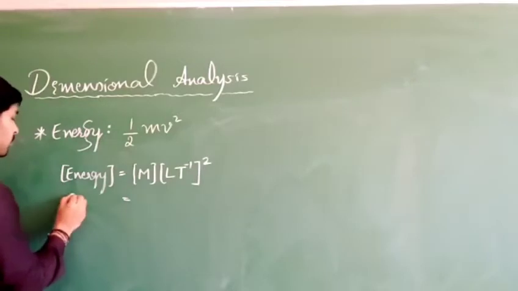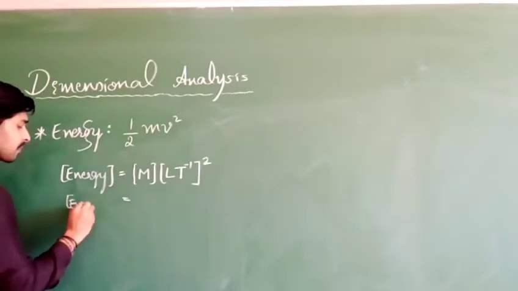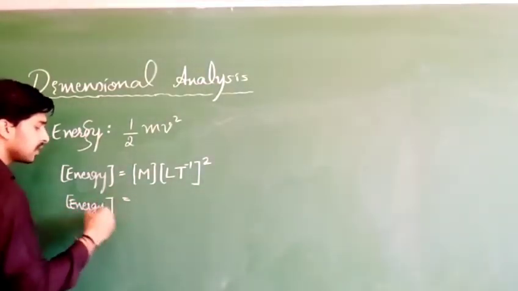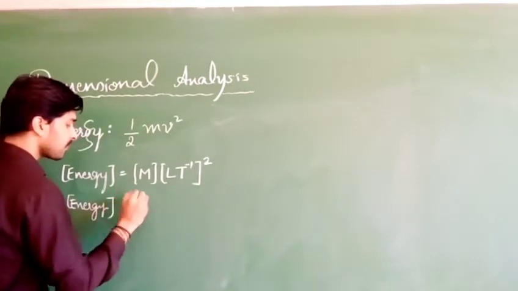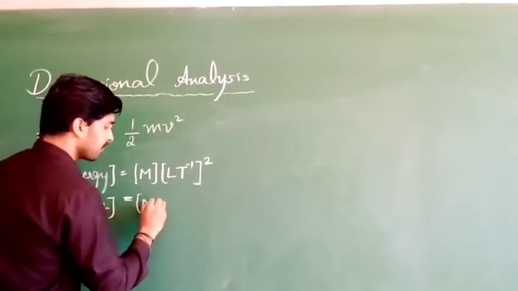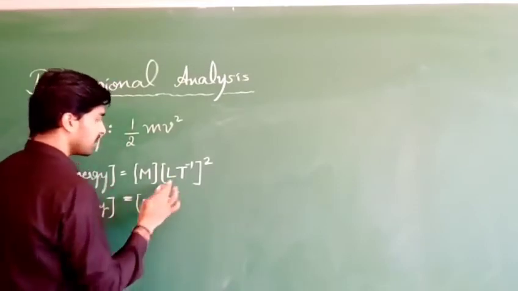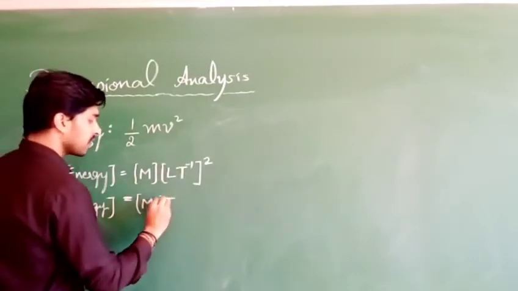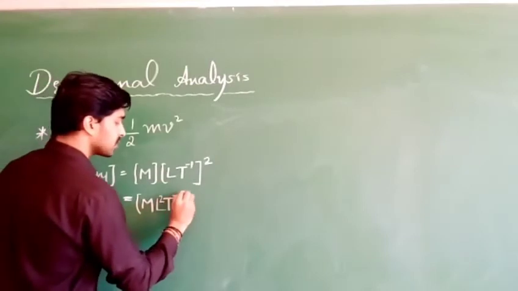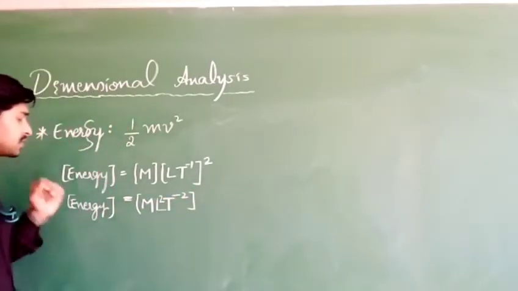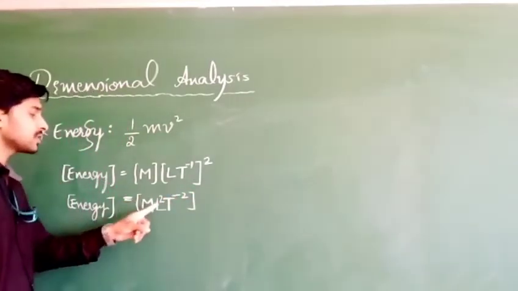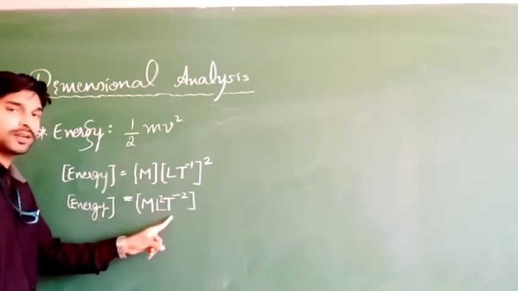So the dimensional formula for energy is equal to M L square T power minus 2. That means the dimensions of energy are 1 in mass, 2 in length, minus 2 in time.